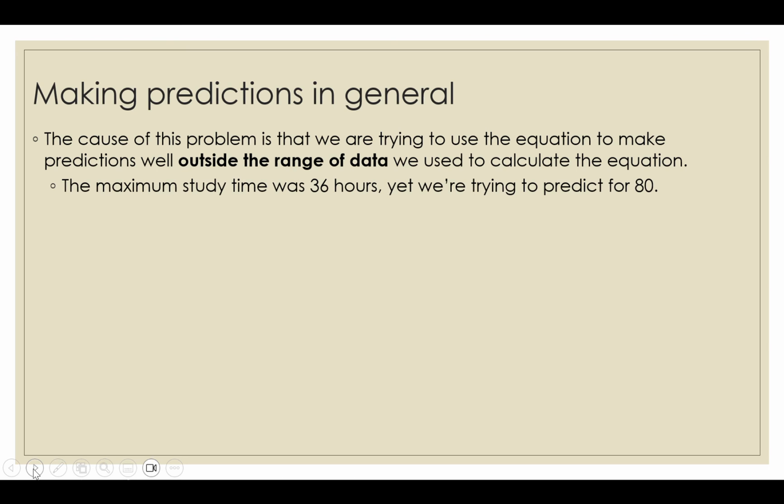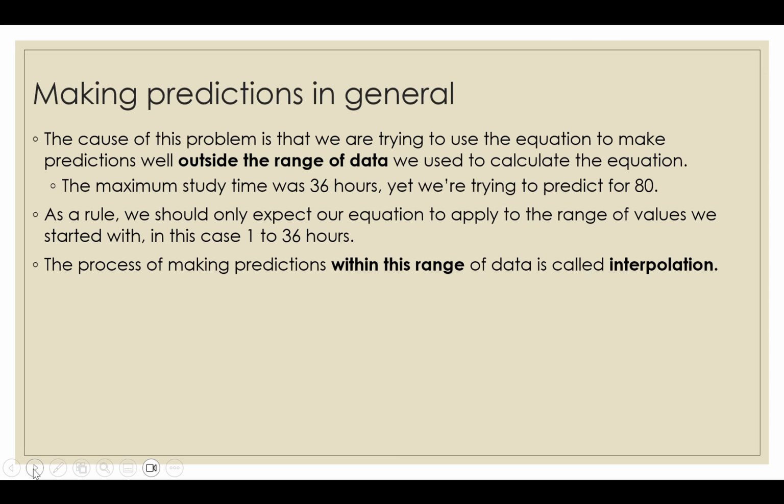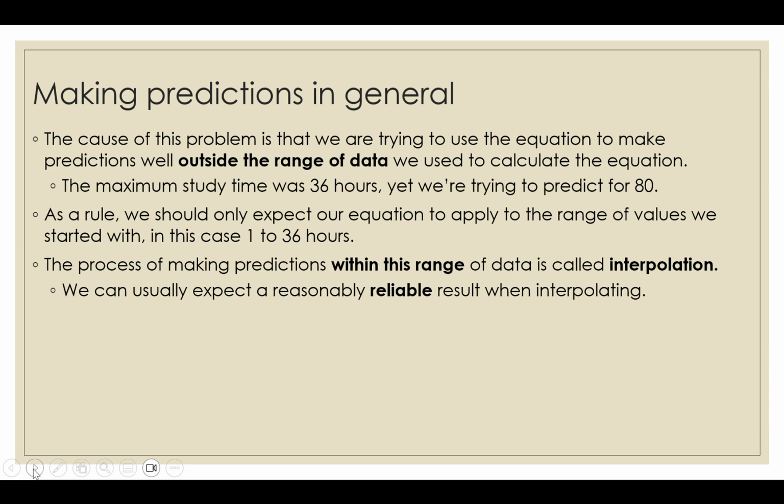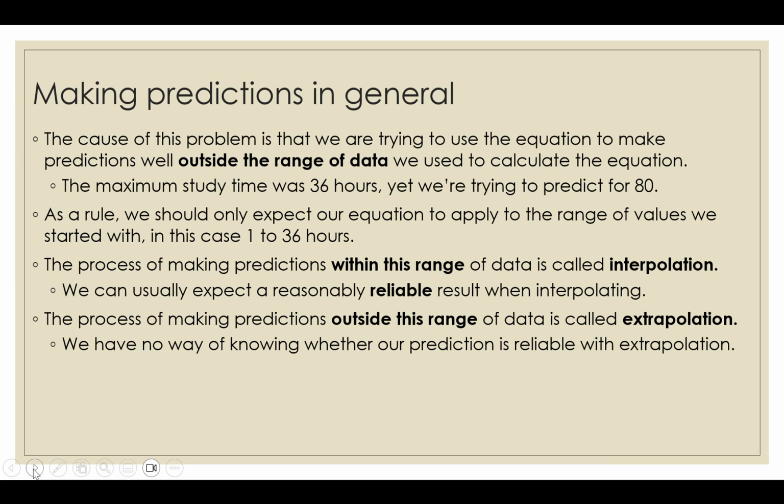The maximum study time was 36 hours, yet we were trying to predict for someone who may in fact do 80 hours of study. Making predictions within the range is called interpolation, and it's much more reliable. Making predictions outside the range is called extrapolation, and that's much less reliable.